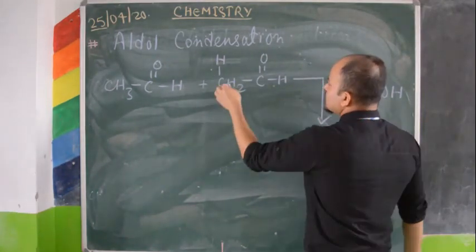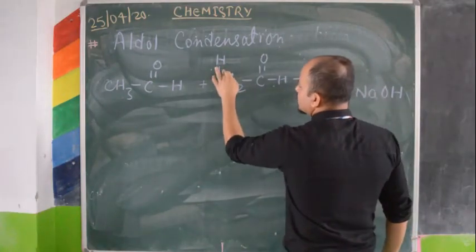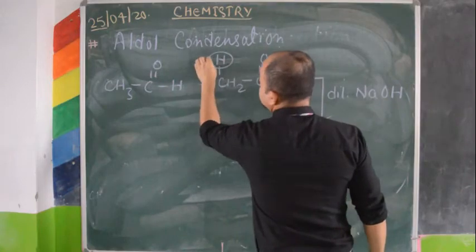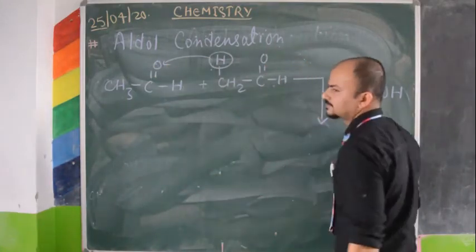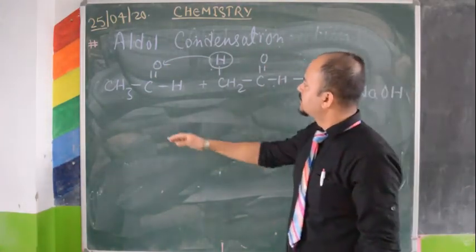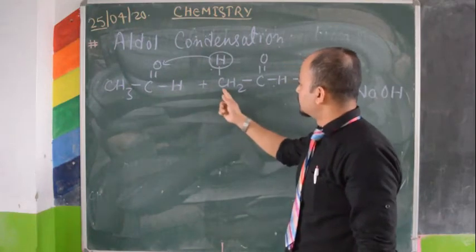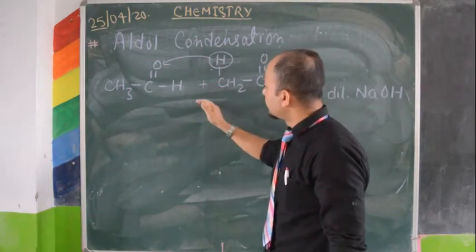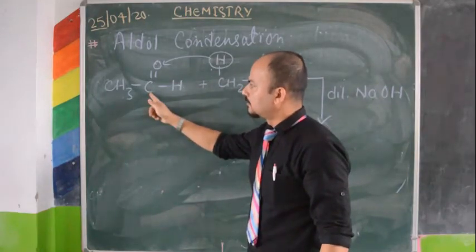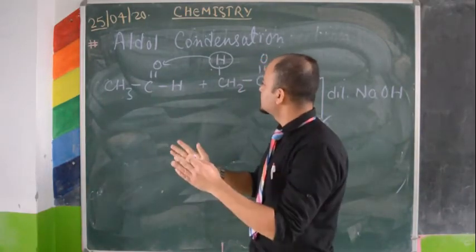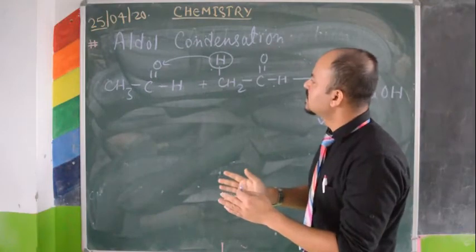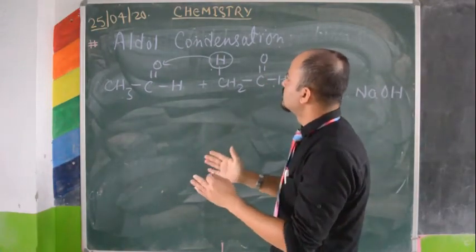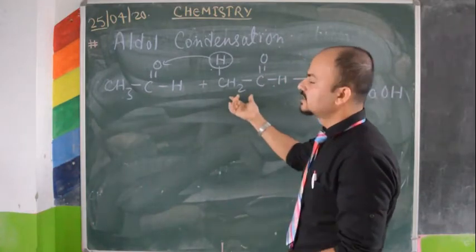Now one of the alpha hydrogens from this compound will go and get bonded with this oxygen. Okay? And this carbon, from where this alpha hydrogen has gone, will be bonded with the carbonyl carbon. Means condensation takes place. What takes place? Condensation. These two molecules will, after the reaction, come together and form one single product.